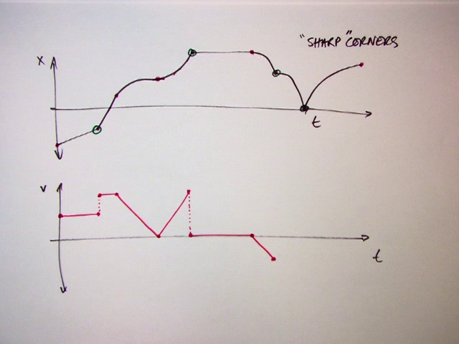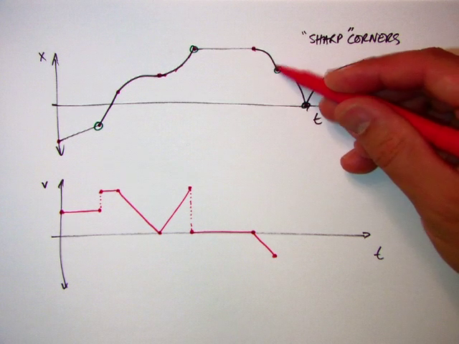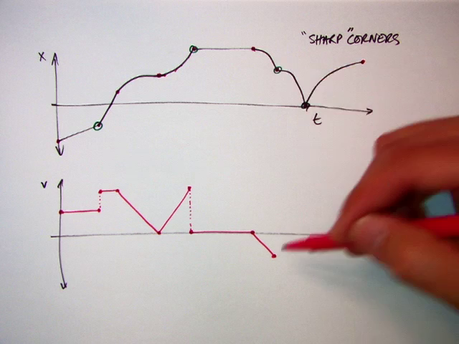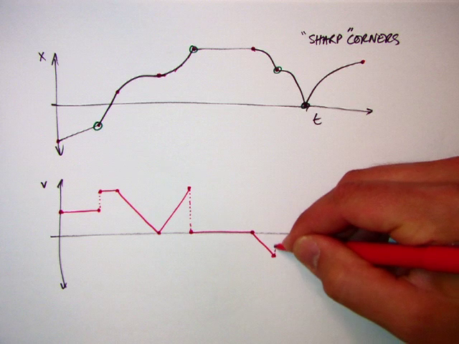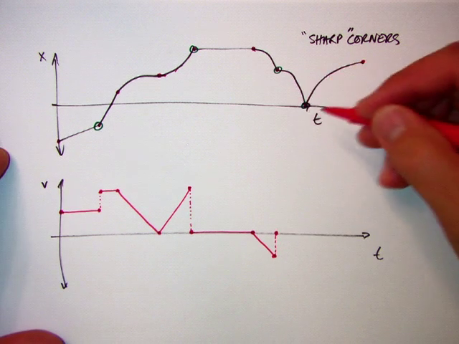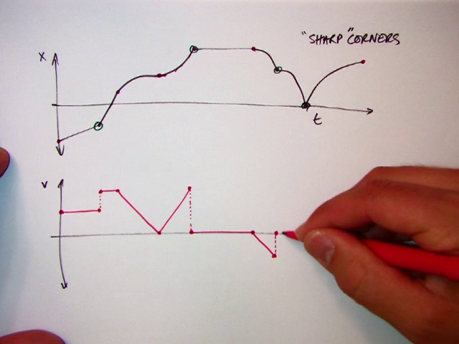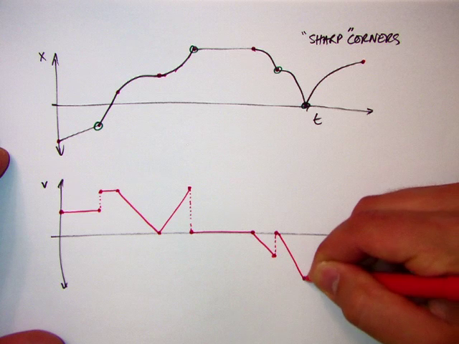Now here there's another discontinuity or sharp corner. So I go abruptly from steep negative velocity to flat of 0. So go up to a velocity of 0 and then I slowly decay again into another steep negative velocity, but maybe a little bit steeper.